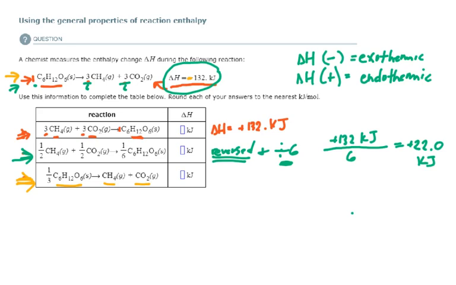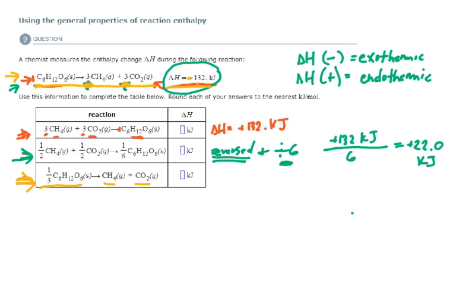So it's going to give off heat. Well, I also have to check and see if I've changed the amounts of the substances involved in this process here in this third example, and it looks like I have. The enthalpy change for this reaction as written with 1 mole of C6H12O6 and 3 moles of CH4 and 3 moles of CO2 is negative 132.